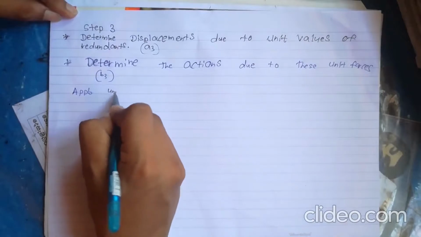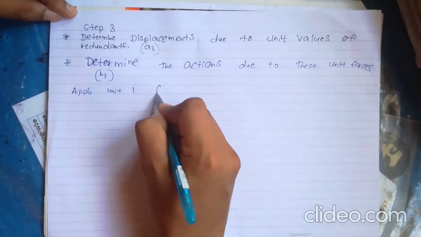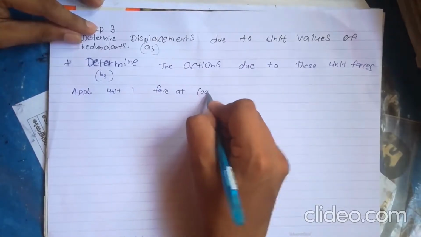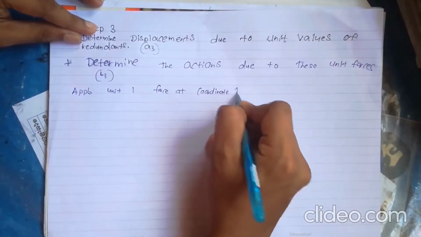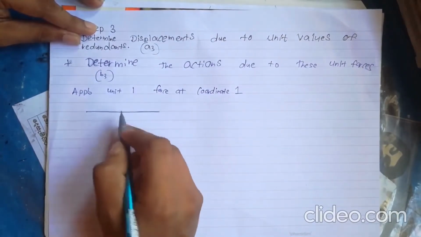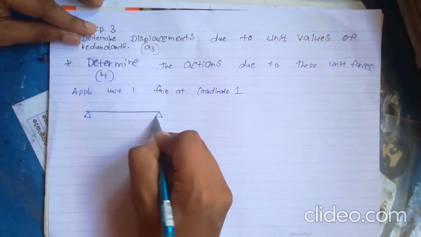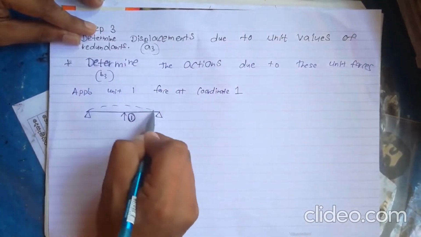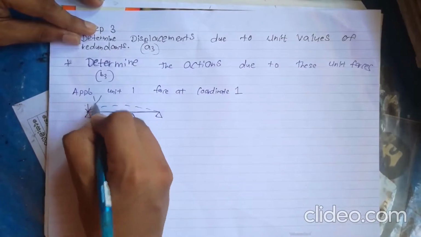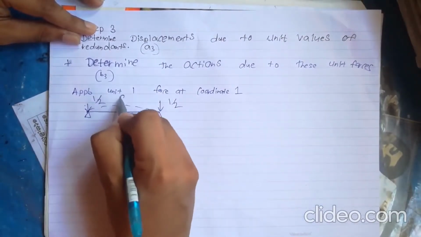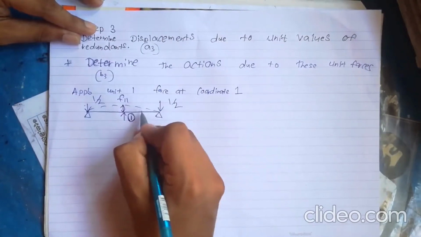Here the mentioned unit 1 forces are not like the ones which we used in the virtual force method. They are just representing R1 and R2. Actually we assumed these R1 and R2 are 1. Then, using superposition, we find the exact values.